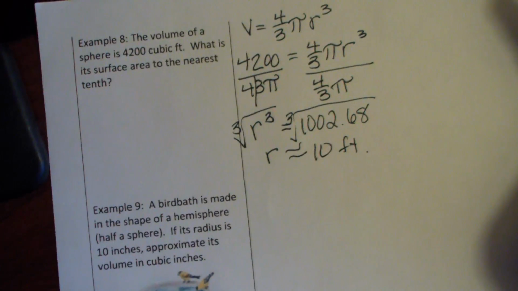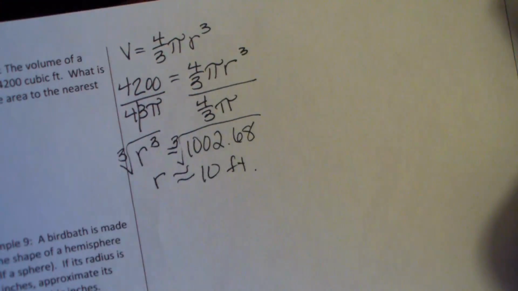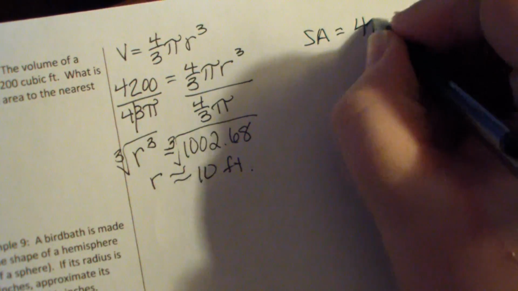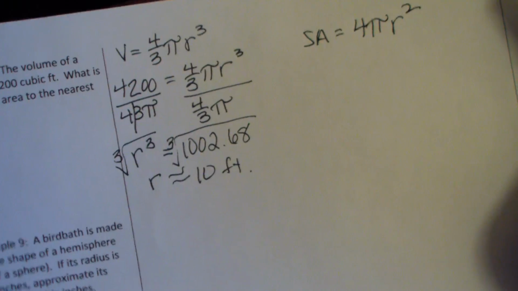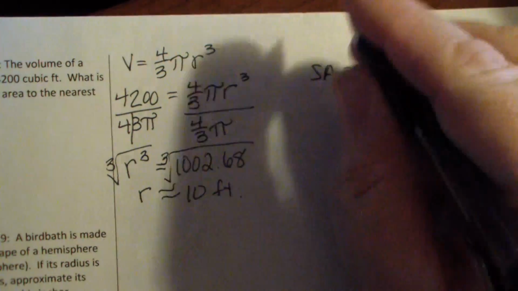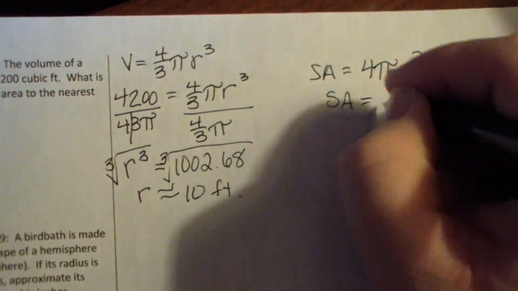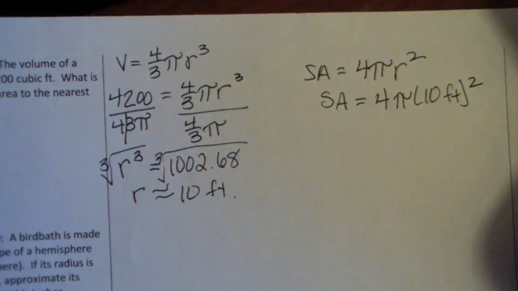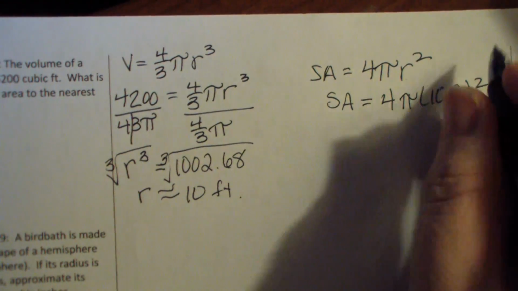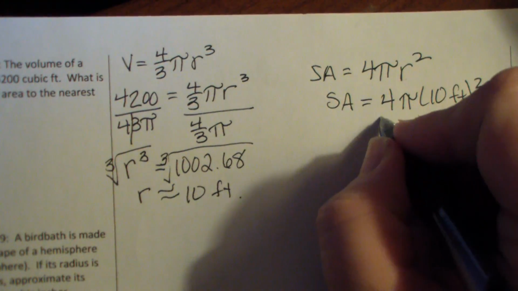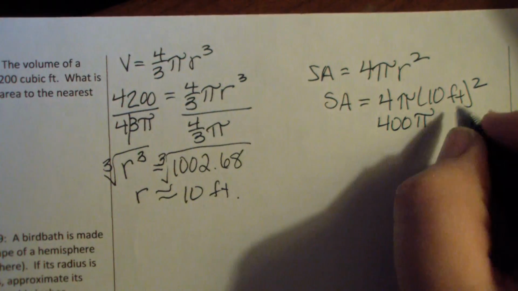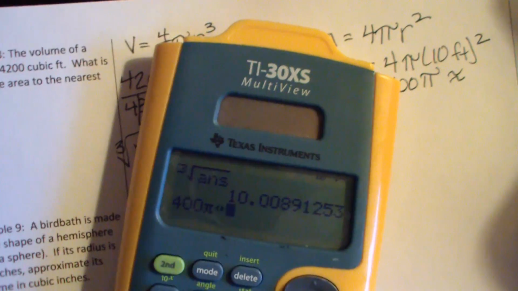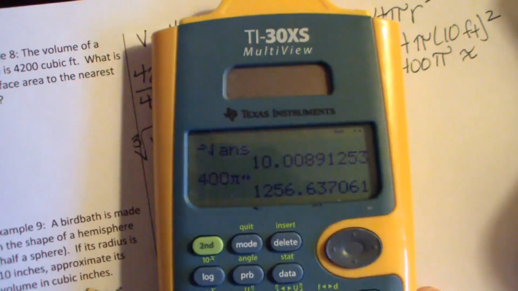Now that we've got our radius, we're going to plug that into our formula for surface area. Surface area is 4 pi r squared. So we're going to plug in 10 for r. So surface area is 4 pi times 10 feet squared. 10 squared is 100, times 4 is 400 pi, which is approximately 1256.